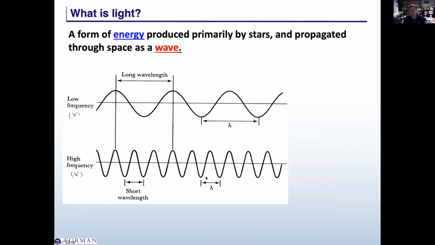Sometimes those waves have a shorter distance in between them, and that would be a shorter wavelength. And light is a wave, but one that is propagated through space. And the energy of light is inversely proportional to wavelength. So short wavelength means really high energy. Long wavelength means low energy.